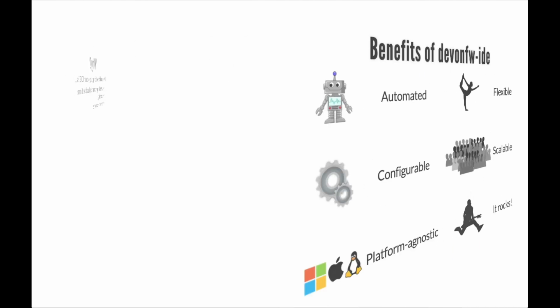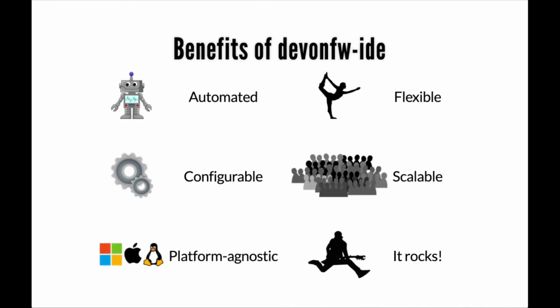So here comes devonfw-ide, which brings you great benefits. First, it will set up the IDE installation fully automated. And it's completely flexible. You can use it for multiple projects on your same machine. And you can have multiple workspaces within each IDE installation.